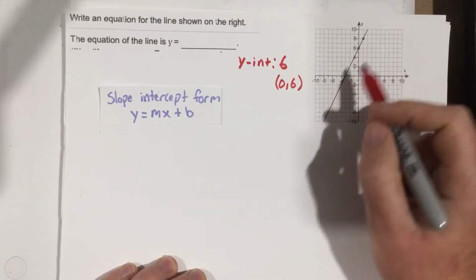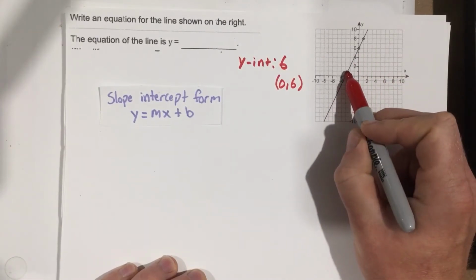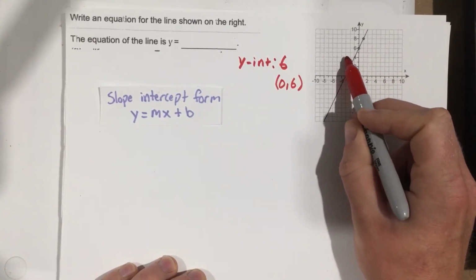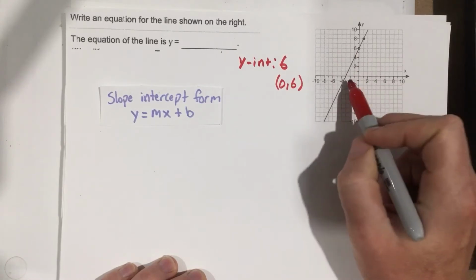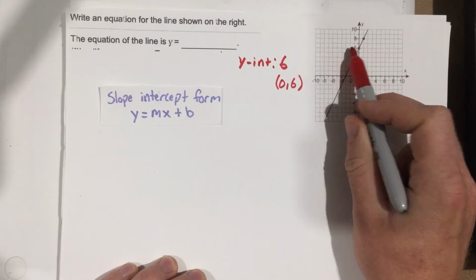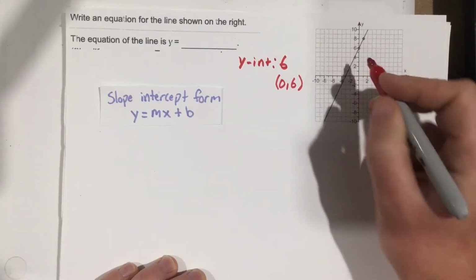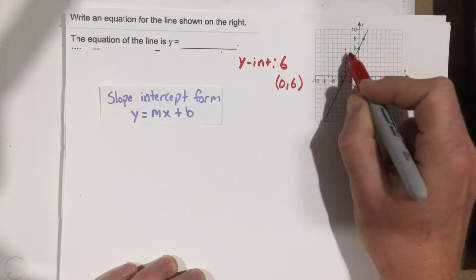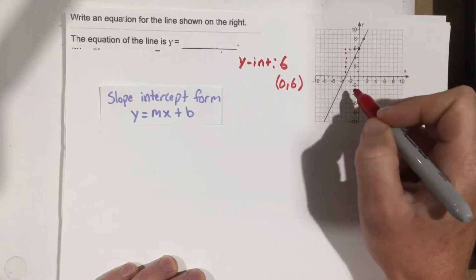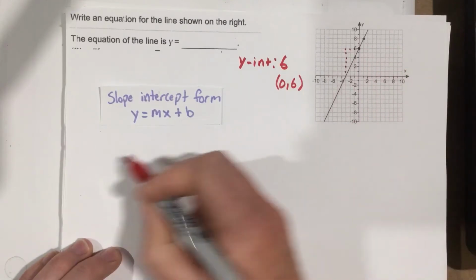The slope then: if I count up, 1, 2, 3, 4, 5, 6, I've gone up 6, and then over 1, 2, and 3.